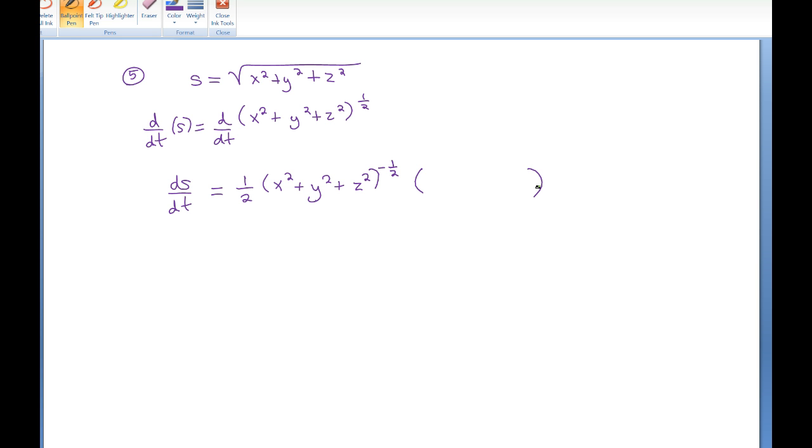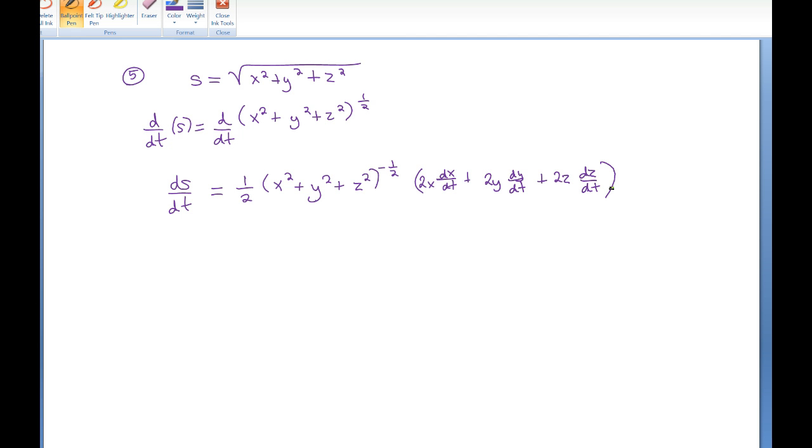So inside the parentheses we're going to get 2x dx/dt plus 2y dy/dt plus 2z dz/dt.